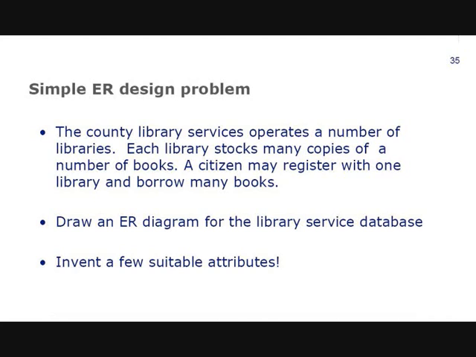So in fact, we're probably going to need a loan of a book, which is going to be connecting these two, and we're going to have a book copy goes on loan many times, okay, and a citizen has many loans. But each loan relates to one citizen, each loan relates to one book copy.